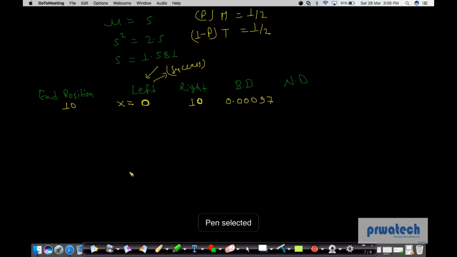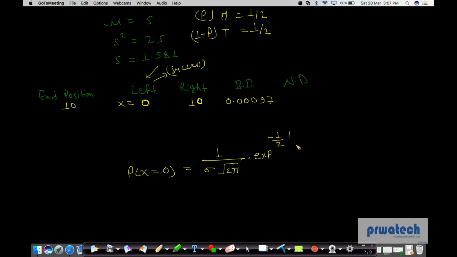If I calculate P(x) for x equal to 0, I'll apply the same formula for normal distribution: 1 by standard deviation times square root of 2 pi, into exponent e to the power minus 1 by 2 times (x minus mean divided by standard deviation) whole square.